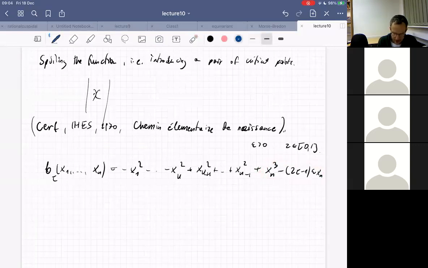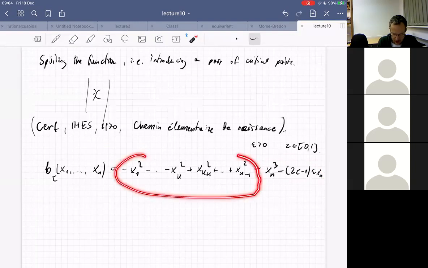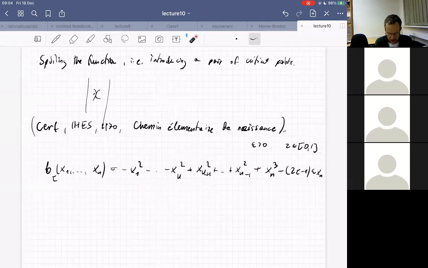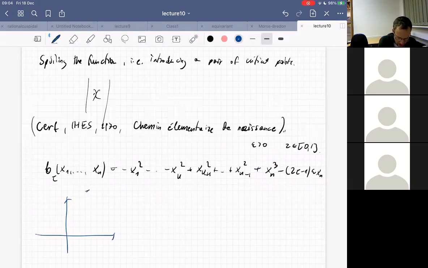Okay, so this is what is happening with that function. This function depends on a parameter tau, and for tau equal to 0, the function has no critical points. This part is for making it multidimensional. This part is something that you need to understand. So how do you understand it? Well, let me draw a graph of the function. If tau is 0, then this is like x_n cubed plus x_n. This is a function that looks like, I'm not very good at drawing cubic functions, but let me draw it.